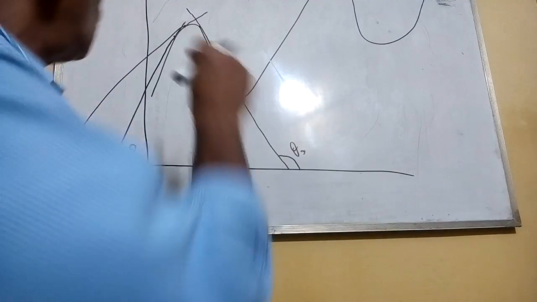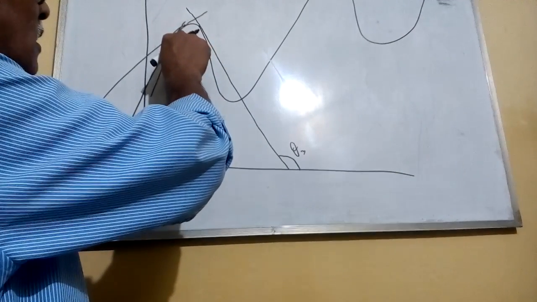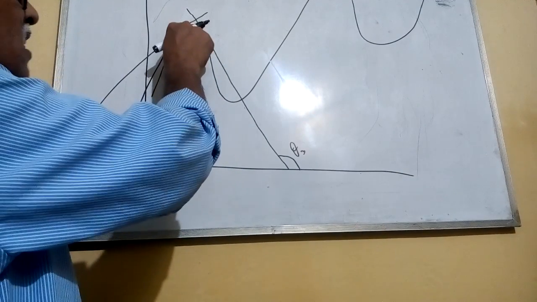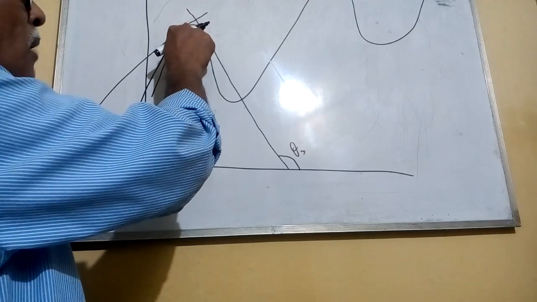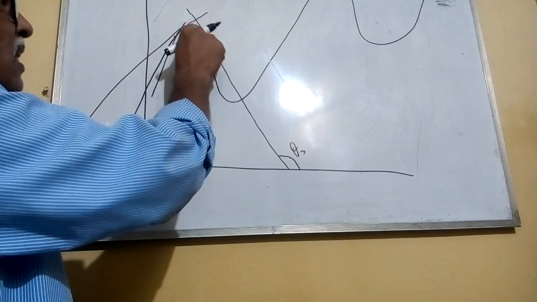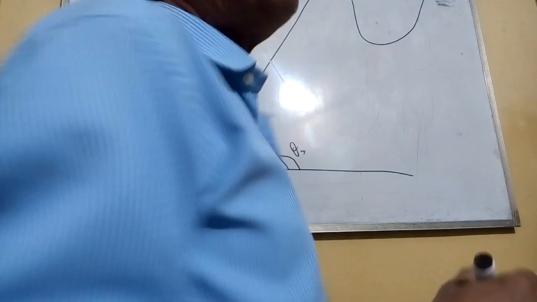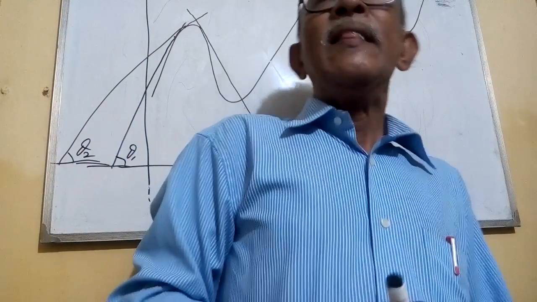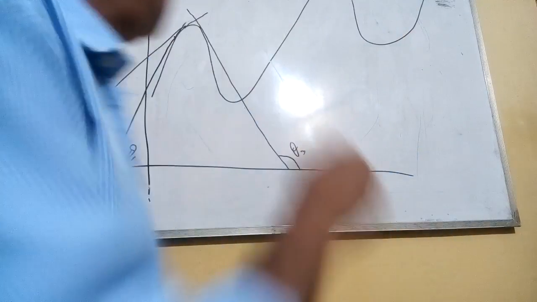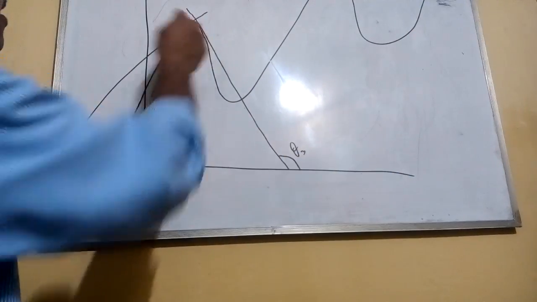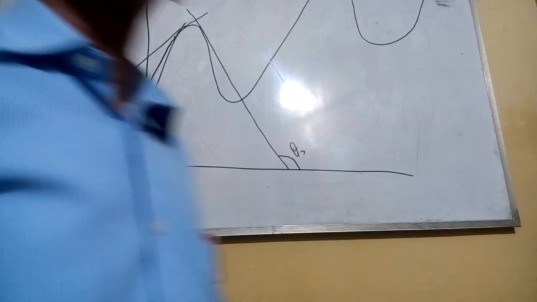Now here what we are observing, the function was increasing. Here also we are observing the function was increasing. Here we are observing the function is decreasing. That means in between these two points, some serious change occurs.